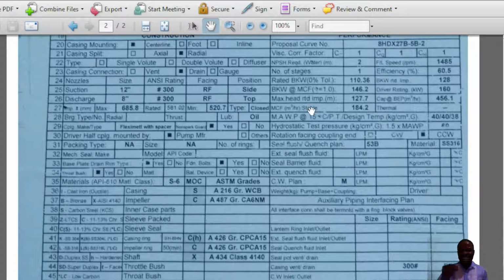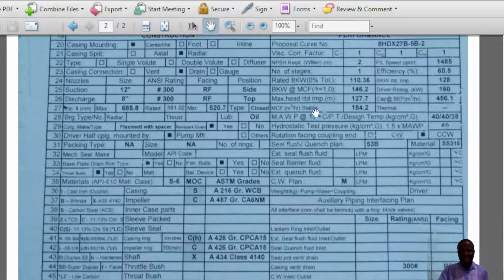So it is very, very important for you to do a thorough technical evaluation during the detailed engineering exercise, before you finally decide on a particular vendor, based on how much they have been able to meet the criteria, the clauses specified in API 610.